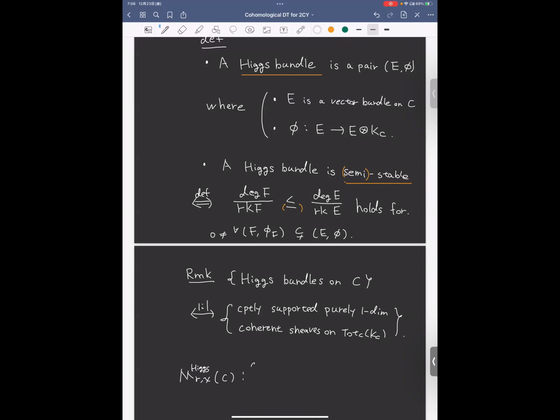This is a coarse moduli space of semi-stable Higgs bundles (E, phi) on C such that rank E is R and Euler characteristic is chi.